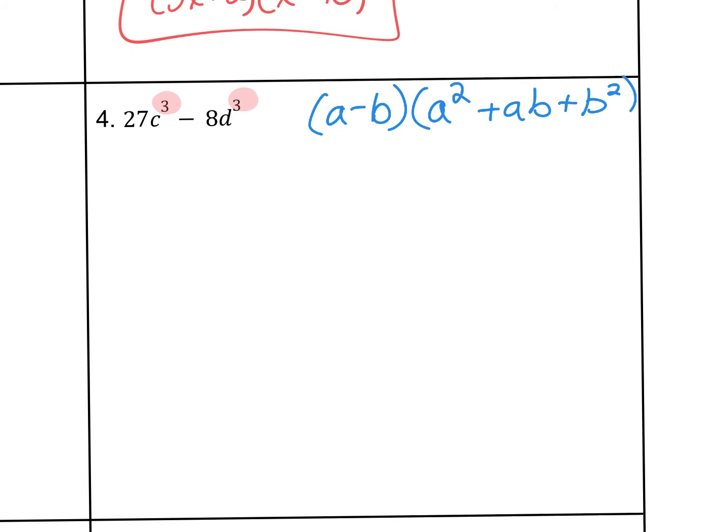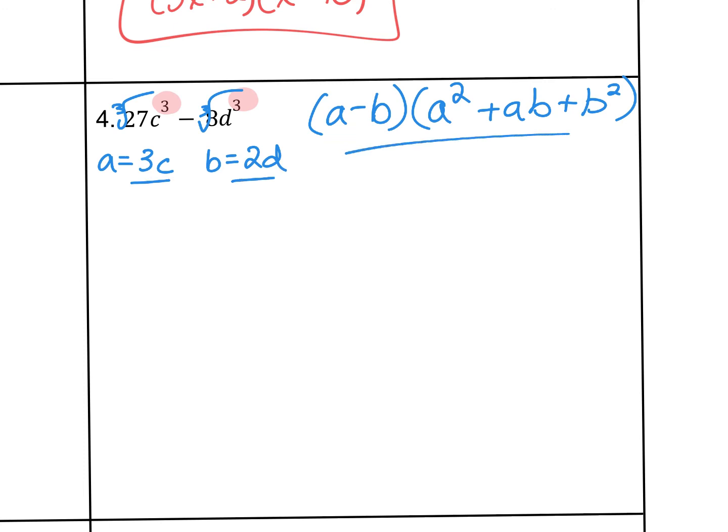Instead of square rooting them, we are cube rooting. If I find the cube root of 27c to the third, I type in the cube root of 27 to my calculator, and I get 3, and then c. B is going to be the cube root of 8d to the third, which is going to be 2d. And now I'm just going to plug these in where they go.